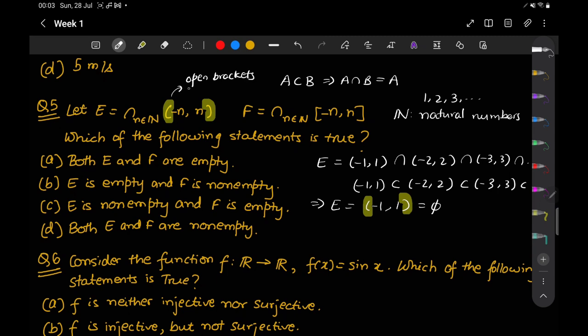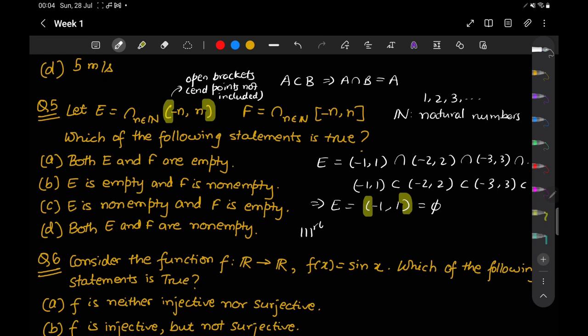Open brackets means endpoints not included. So plus 1 is not included, minus 1 is also not included, and 0 is not a natural number, so that gives us the null set.